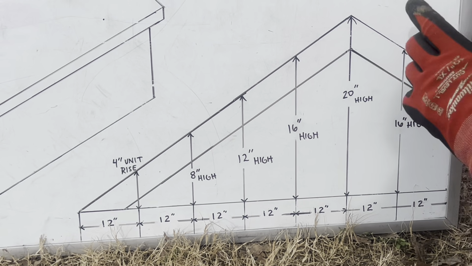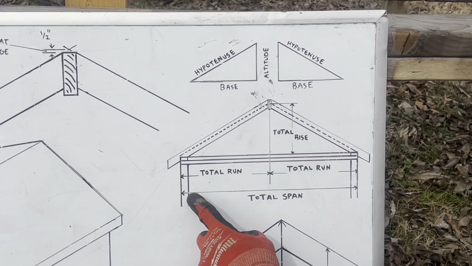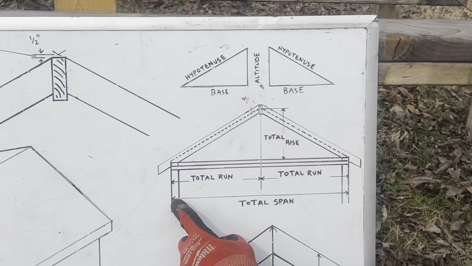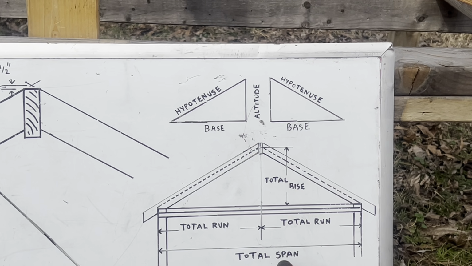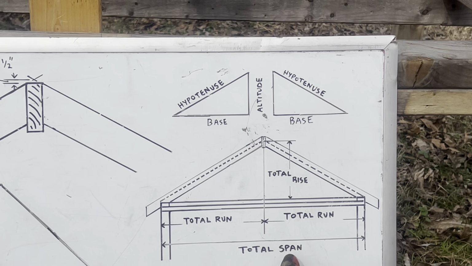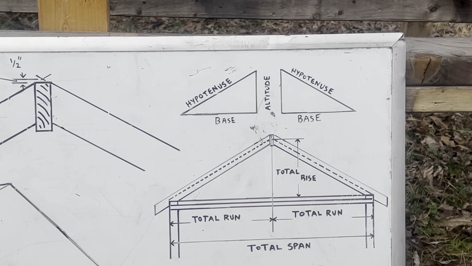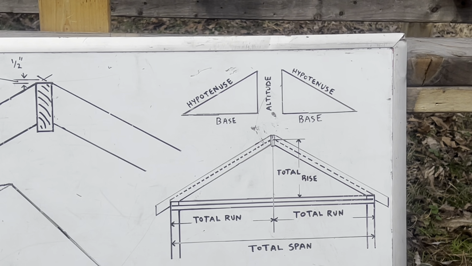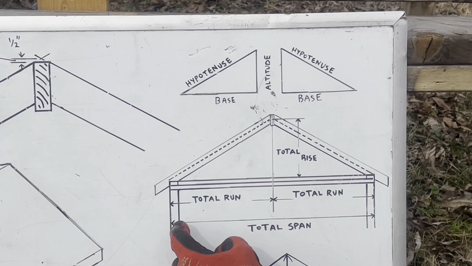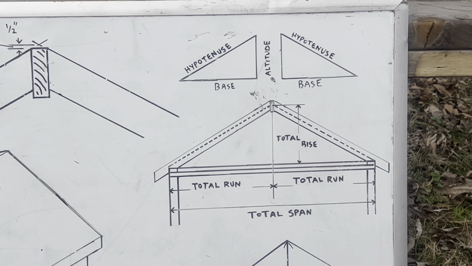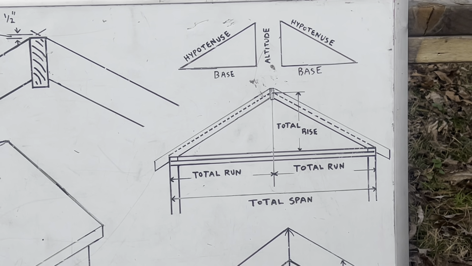Let's take a look up here, because we got to understand our terminology. From the outside of this wall to the outside of this wall is what's known as your total span, okay? From the outside of this wall to the center of your building is what's known as your total run. So you got your total run, you got your total span, and you also have your unit run, which we know is 12 inches, as I indicated.